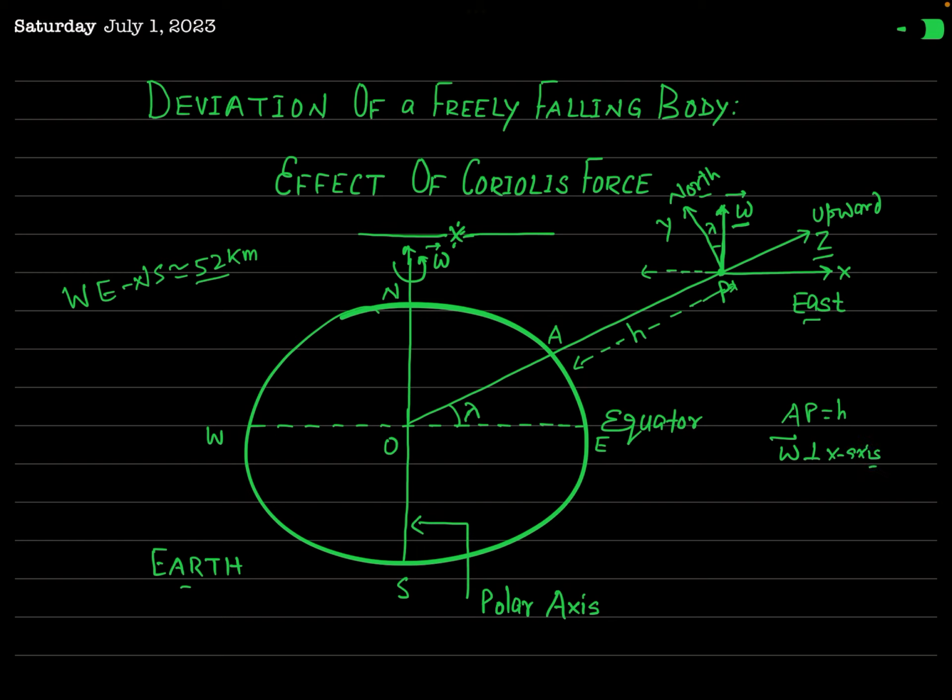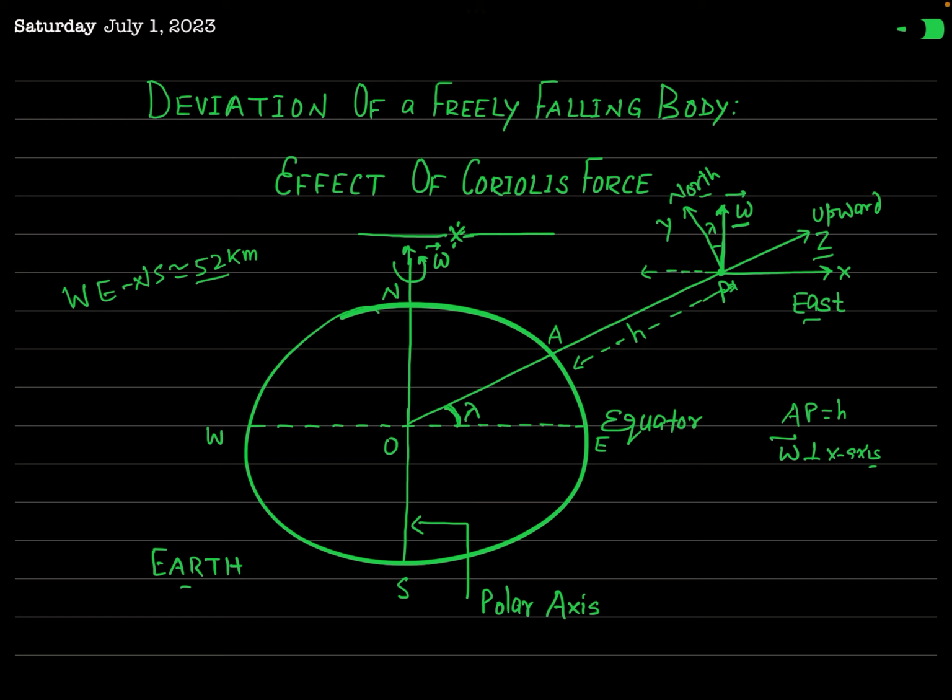Now the point P from where a body will be dropped, which is at a height h from the surface of the earth, is lying at a latitude lambda. Do you know about latitude?